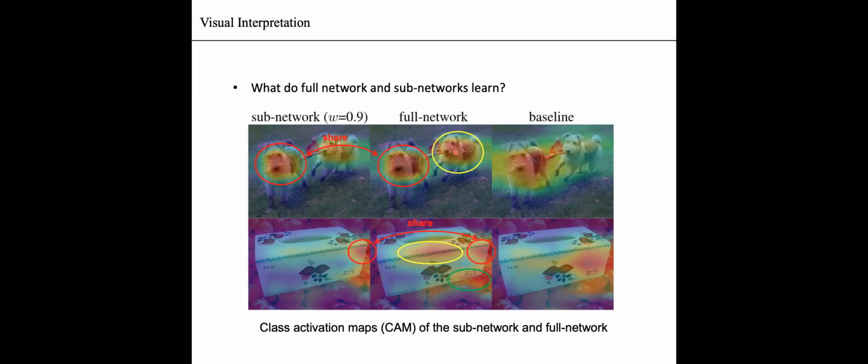We also have a red color region that is paying attention to the second dog, the one chasing the left one, right? But for the subnetwork, we don't see this red region, right? But for the full network, it is able to use that 10 additional % of the network to learn this kind of diverse representation. And here is another case for recognizing this is maybe a tissue box.